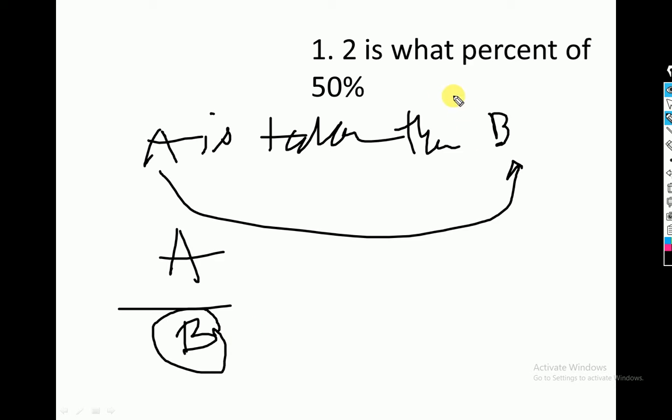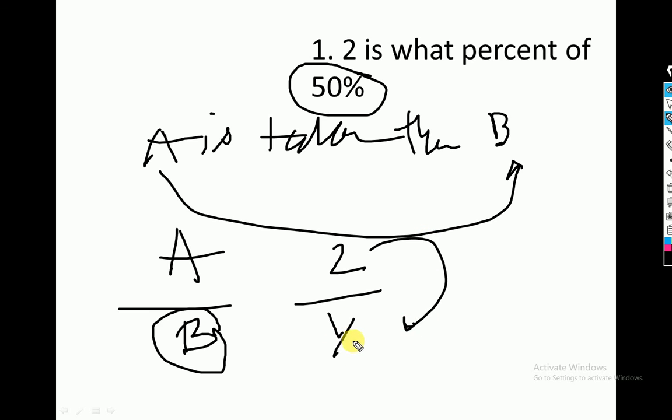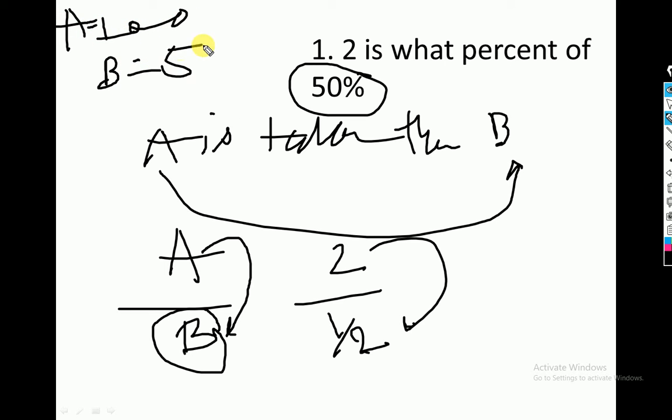Similarly, 50% is the reference point here. If A is 100 and B is 50, then A is 50 taller than B. In percentages, it's 100% taller than B. That's how we represent it.